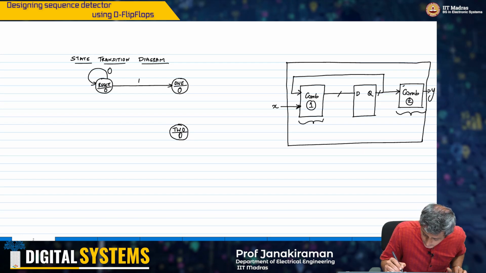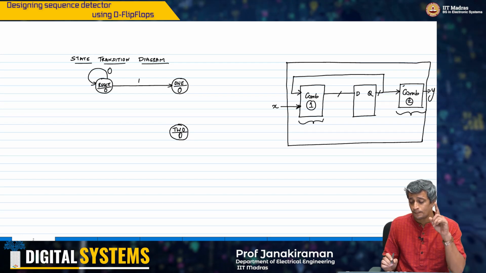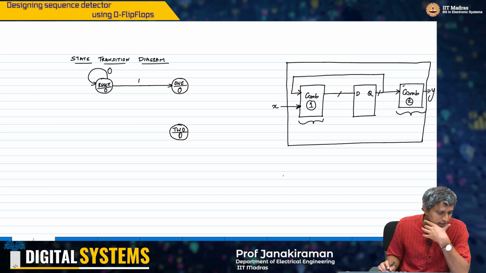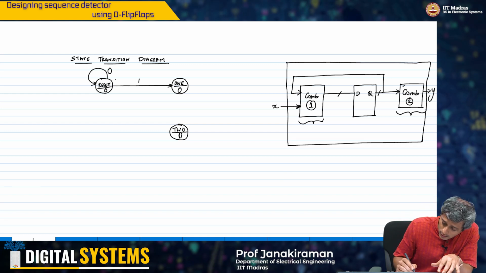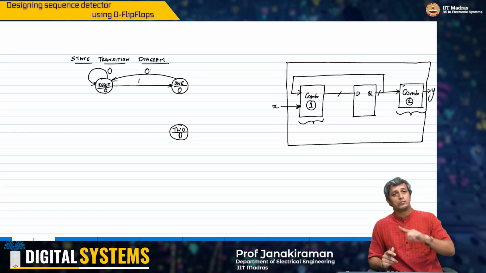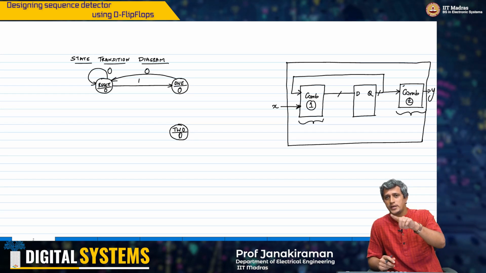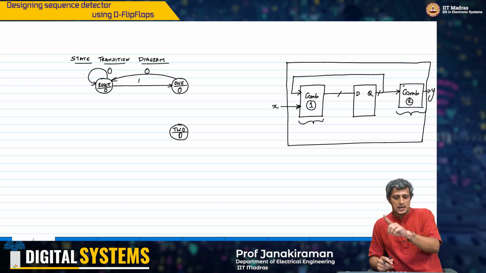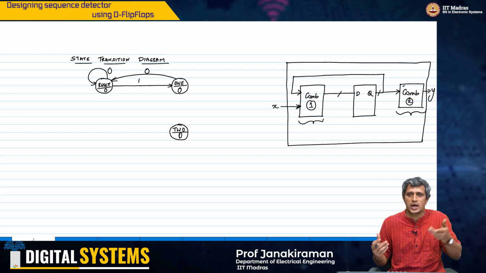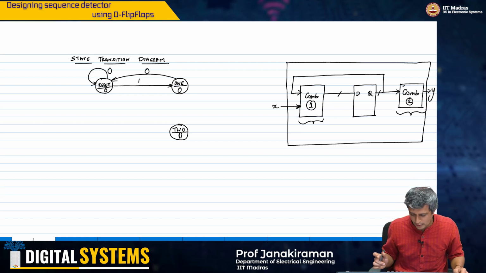What this means is, when you are in state 1, if you see a 0, then you basically have to come back to the reset state. So when you are in state 1, it means you have seen 1, 1, and if you see a 0 after it, you go back to 0 because you are starting from scratch again, right?